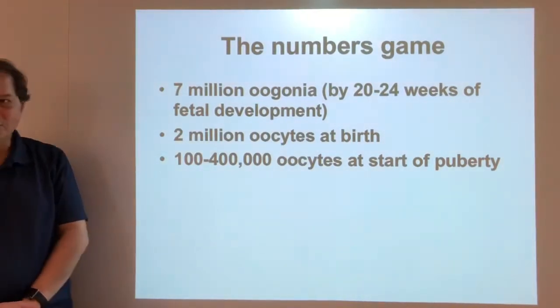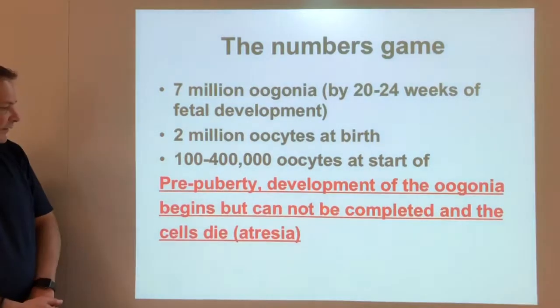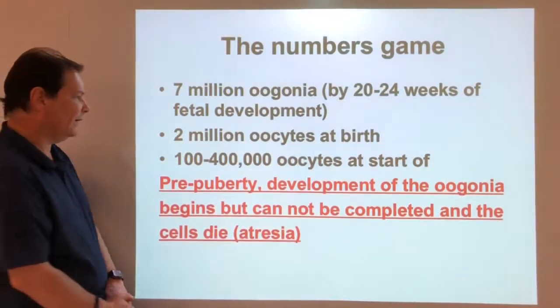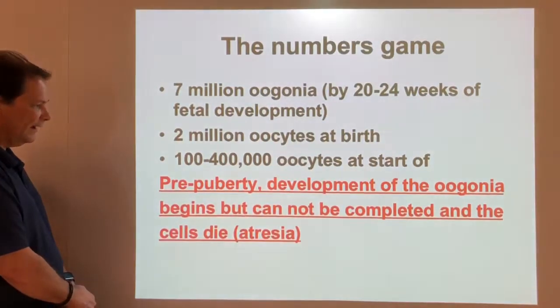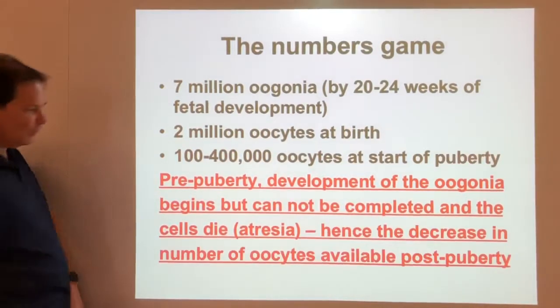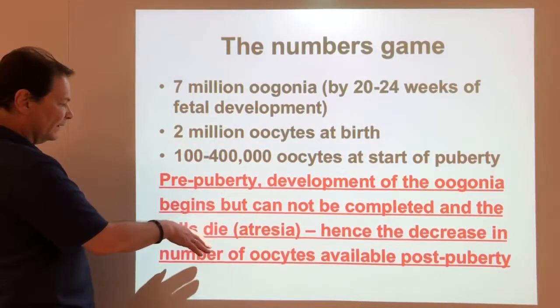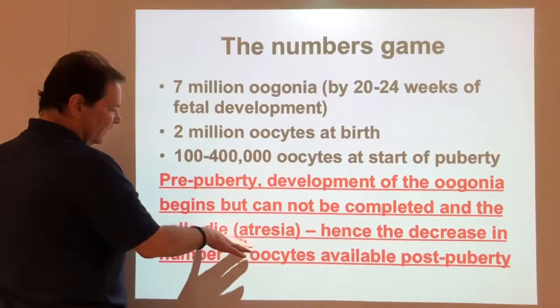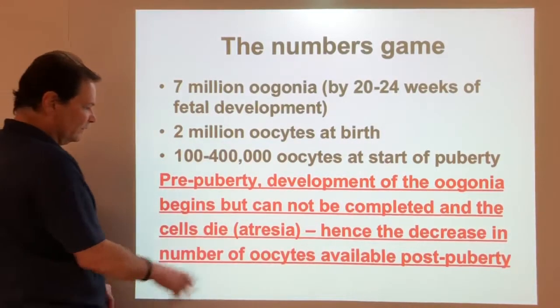and this decrease in the number is due to a process called atresia, which is basically when these oogonia die off in the absence of gonadotropins. So without gonadotropins, these oocytes can't develop further, and so they just regress and die off.